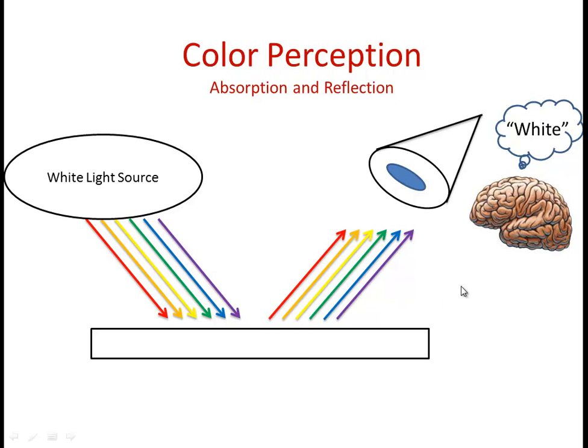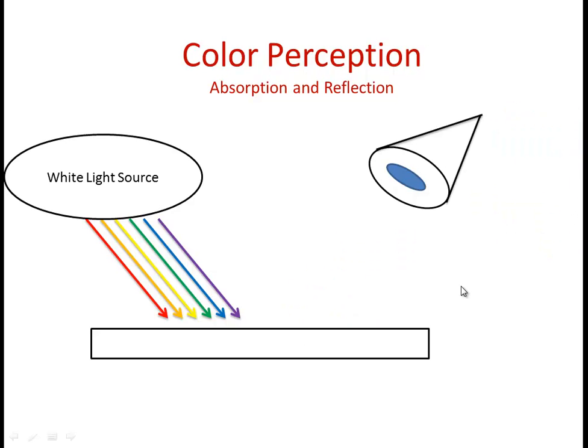Okay. On the other hand, let's say there's another object that reflects all of the wavelengths of the visible spectrum, except for blue light. You see how the blue is missing here in the reflected light?